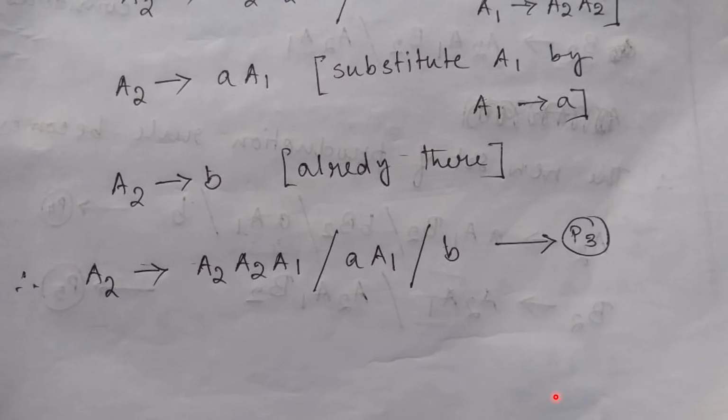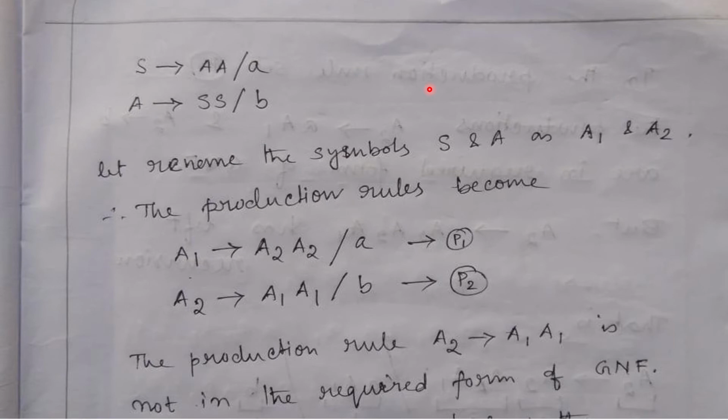Now one more thing. You see, in this production rule p2, a2 to a1 a1 has some problem, but a2 to small b doesn't have any problem to be in GNF. So a2 to small b remains the same. That means the production rule p2 has been converted into mainly three production rules.